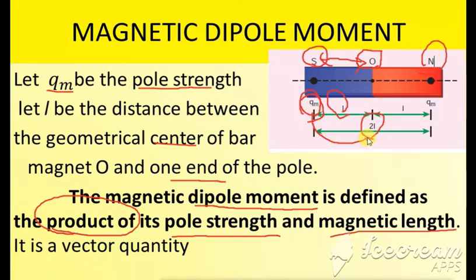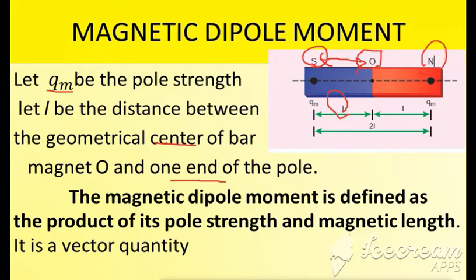So if you multiply Qm and 2L, that gives your magnetic dipole moment, and that is a vector quantity. Yes, clear? This is a very important topic, the magnetic dipole moment.